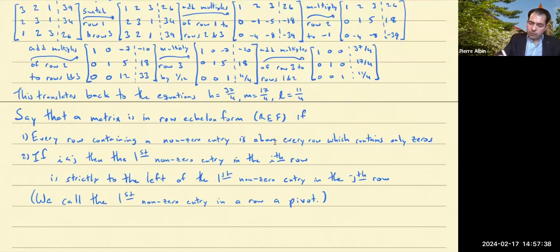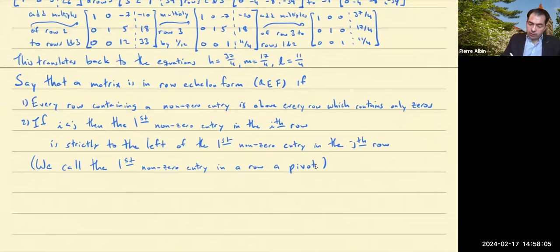Right, so over here, the pivots were all at the first column. Right, over here, this is a pivot, this is a pivot, this is a pivot. Once you're here, then this is a pivot, this is a pivot, this is a pivot. So already here, our matrix is in row echelon form. Of course, we kept going.